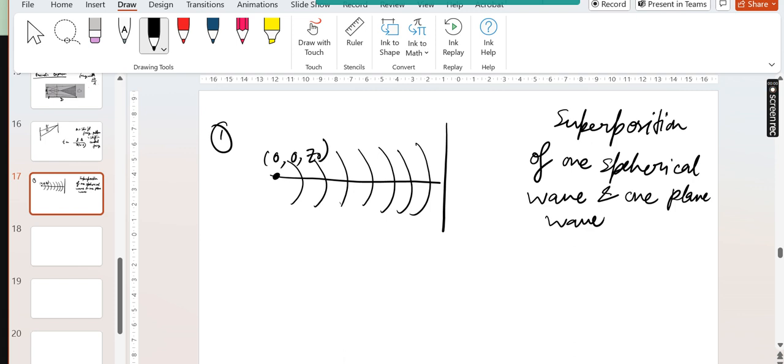So the spherical wave, the point from where the spherical wave comes, is located at 0, 0, z0. This is the y-axis, this is the z-axis, and a plane wave is traveling like this. So this is the fringe, and we suppose that amplitude is 1.